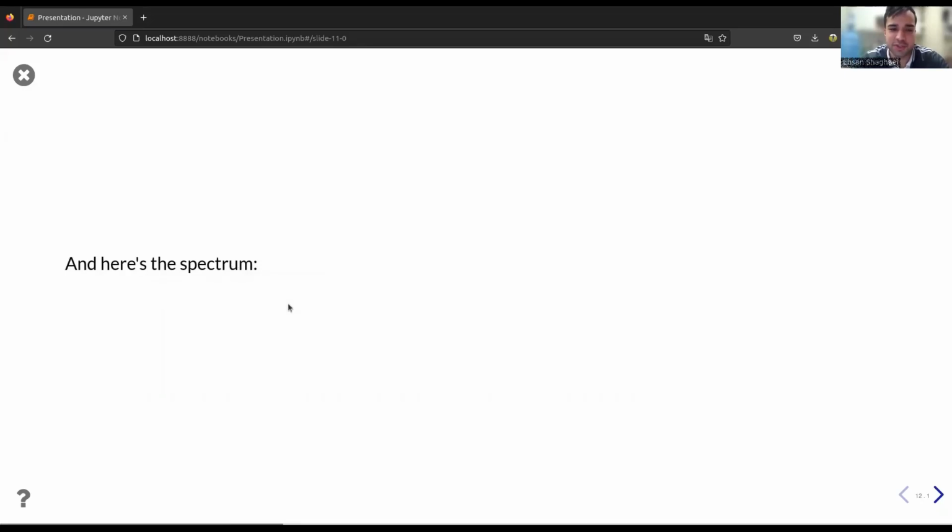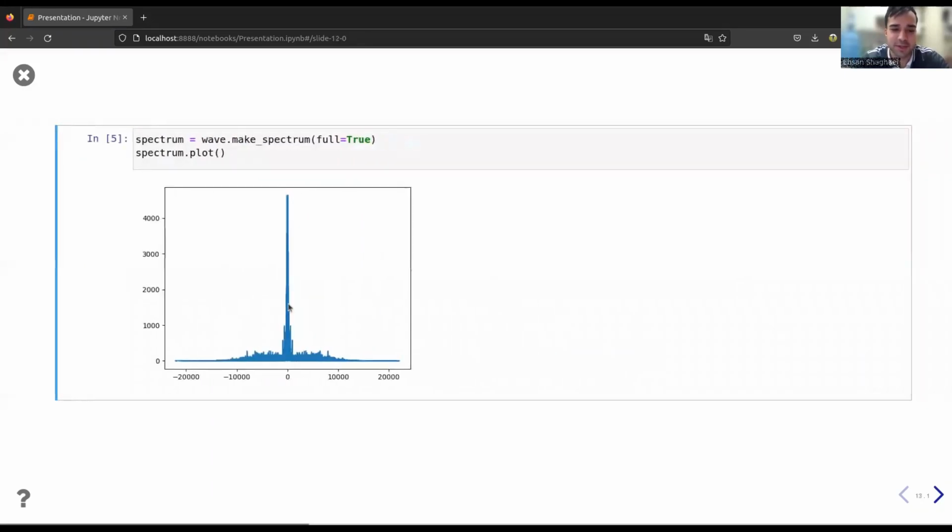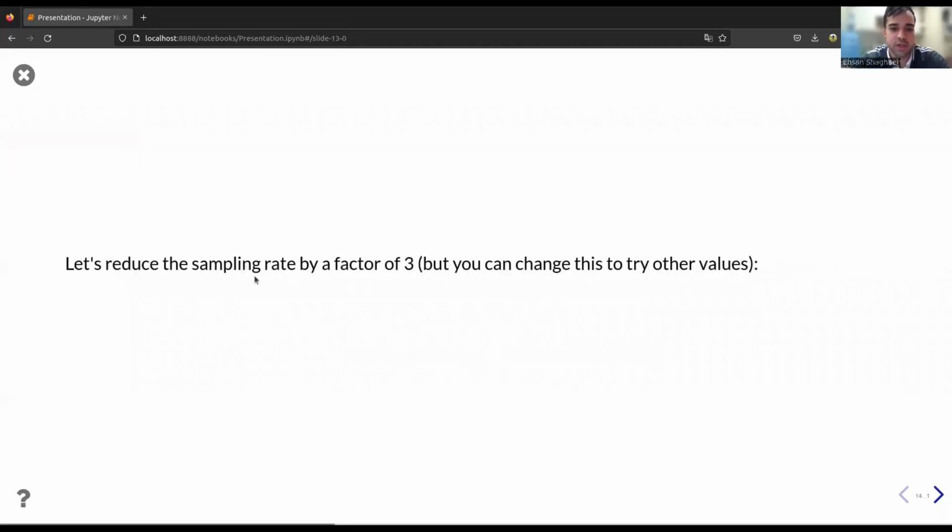Let's check the frequency spectrum of this sample. As you see, we have a range of frequencies between -20 to +20 kilohertz. So now let's reduce the sampling rate by a factor of 3, and let's see what actually changed.